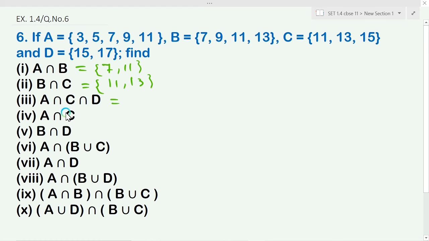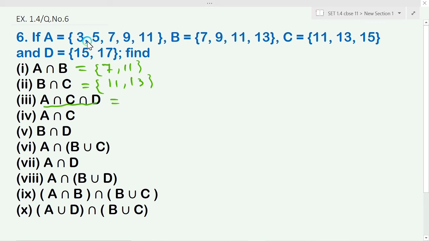So first of all, we have to calculate A intersection C, then D, or you just find if there is any common element which belongs to A, C and D, these three sets. Is there any element common to these three sets?